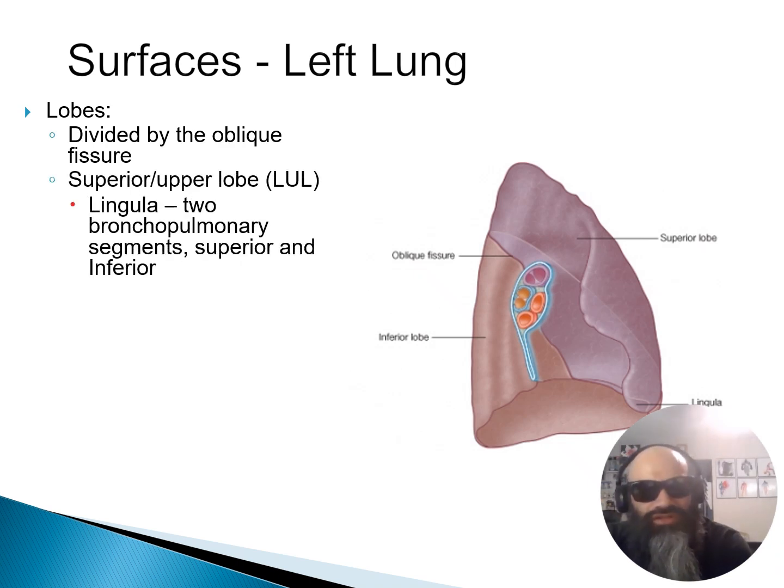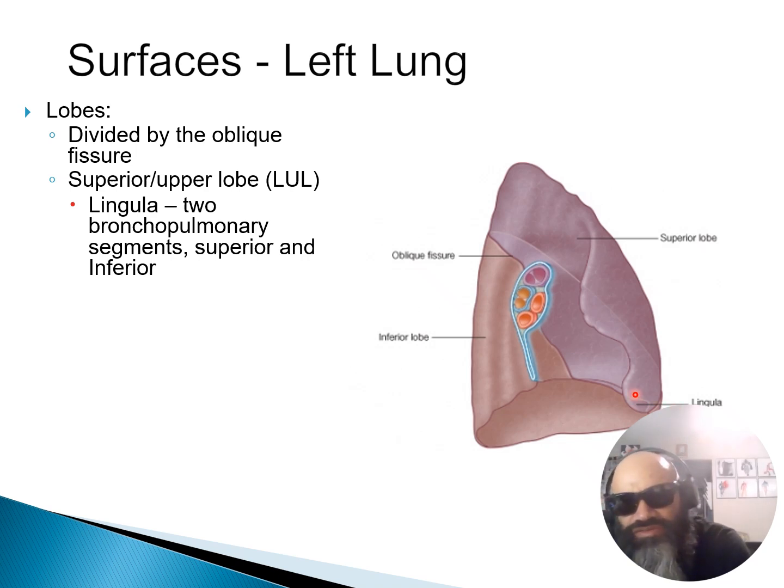Alright, so the left lung is divided into two lobes. The oblique fissure is going to separate those, the superior and inferior lobes. The lingula is basically a segment that is going to outline the portions of the lung, superior and inferior.